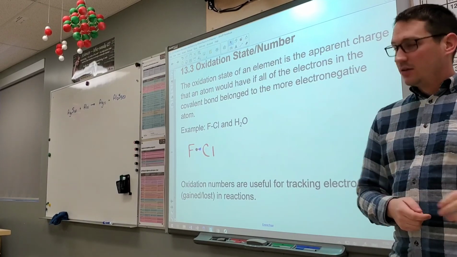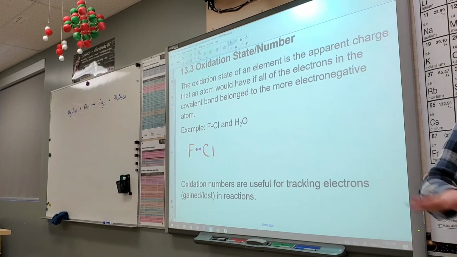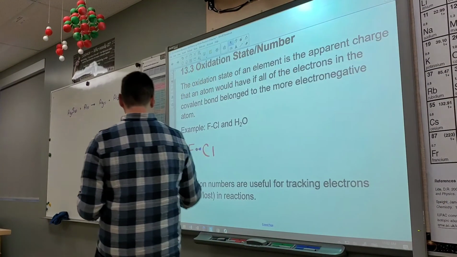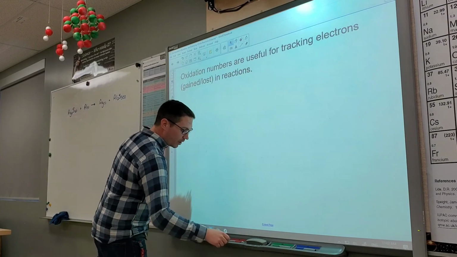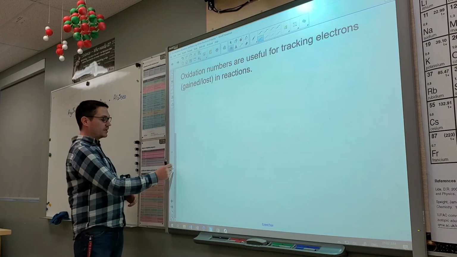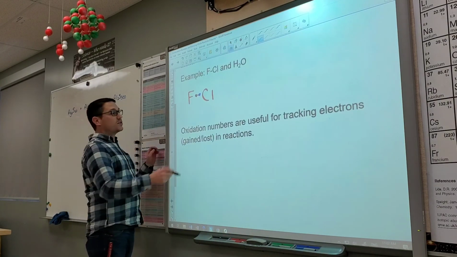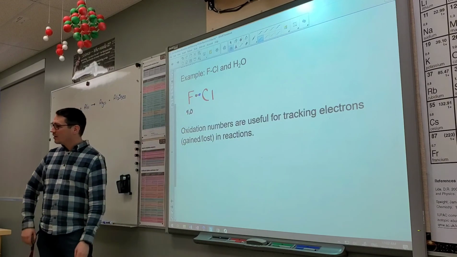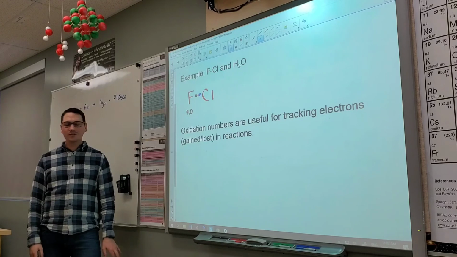Very strong. It's got an electronegativity of about as high as it can be, 4.0. Do you remember that?